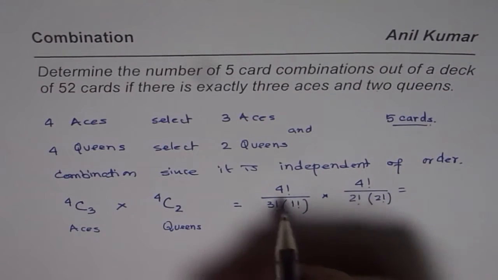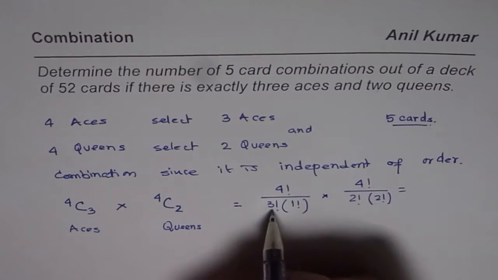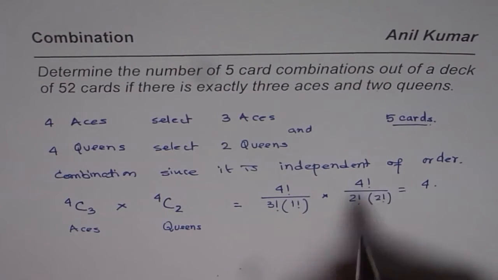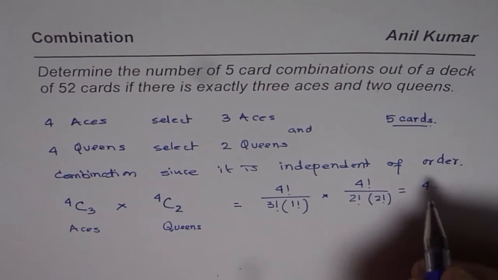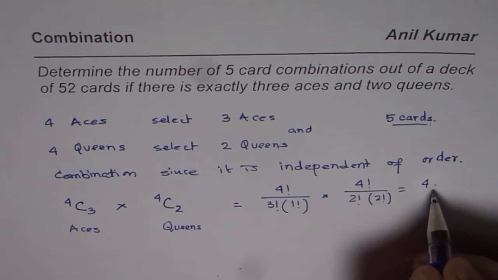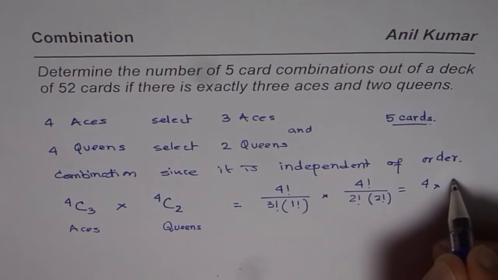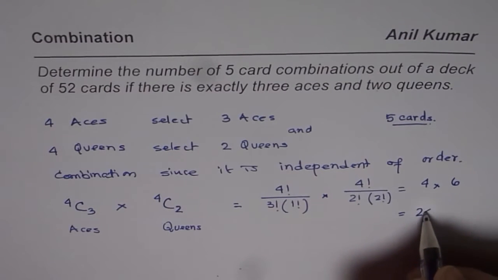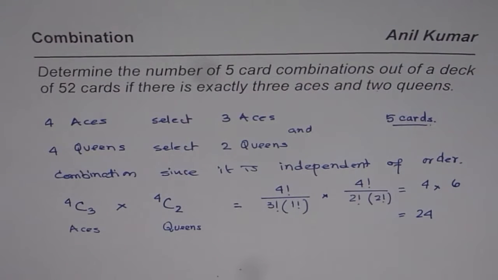So 4 factorial divided by 3 factorial gives us 4. And 4 factorial divided by 2 factorial times 2 factorial is 4 times 3 times 2 divided by 4, which gives us 3 times 2, which is 6. So 4 times 6 is 24. That is the answer.